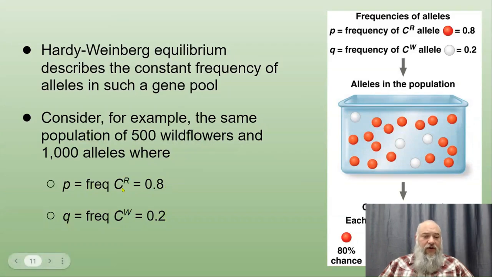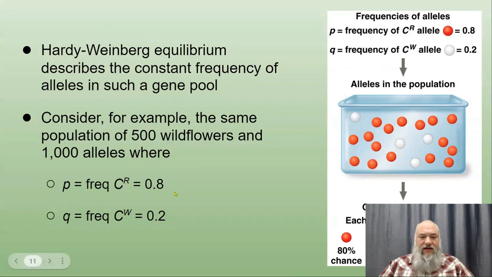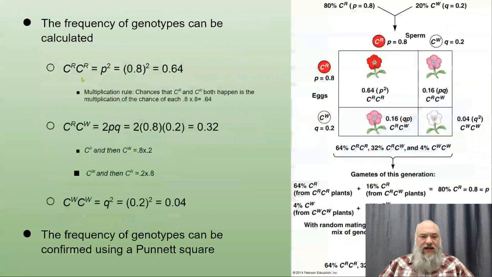We are doing our P and Q already, so we can calculate the frequency of the genotypes. What frequency of the genotype should be big CR CR? If the frequency of the allele CR is 0.8, what are the chances we're going to get a CR in the egg and then a CR from the sperm? Well, that's the multiplication rule from genetics.